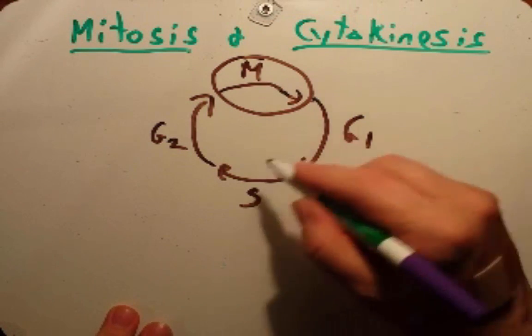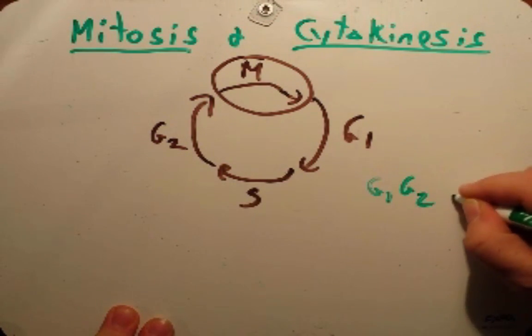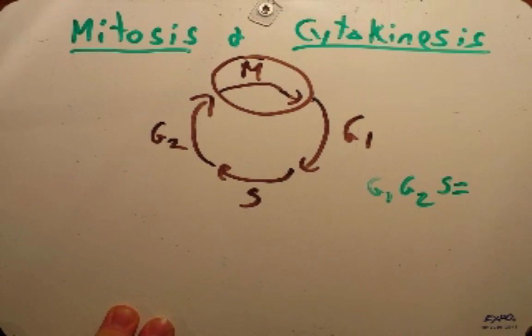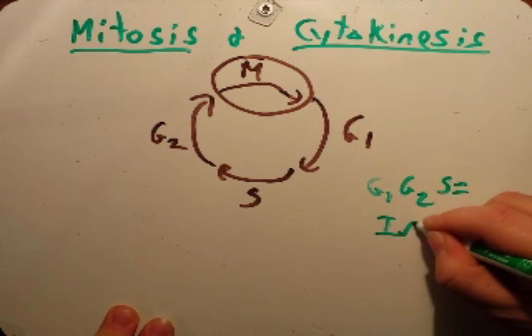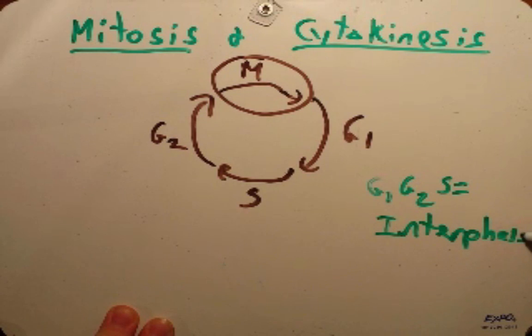Together, these three parts of the cell cycle, G1, S and G2, we call interphase. And then we call this the M phase. So again, we're going to focus on M phase right now.